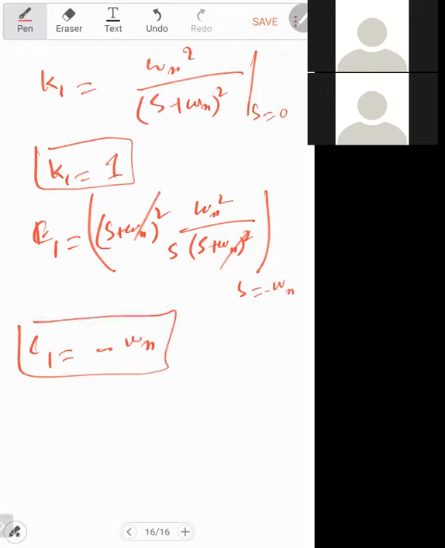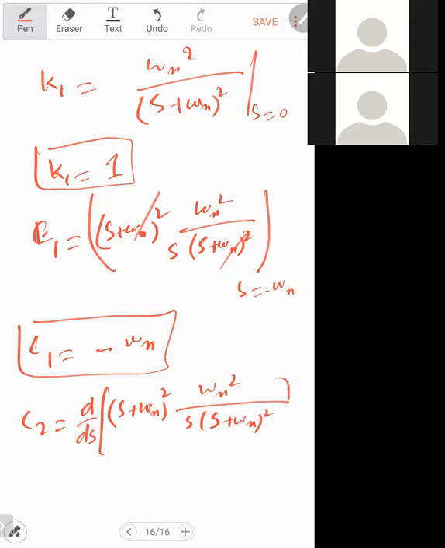Similarly, you can also find C2, but C2 you have to find by taking the differentiation. So d ds of s plus omega n square multiplied by omega n square divided by s into s plus omega n square, and then again s is equal to minus omega n.